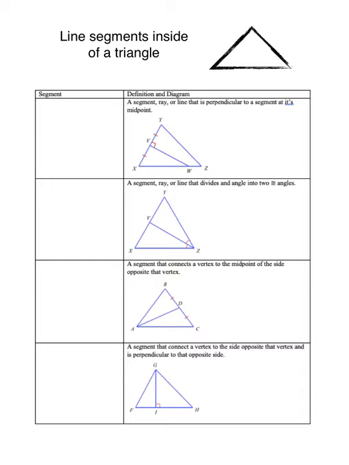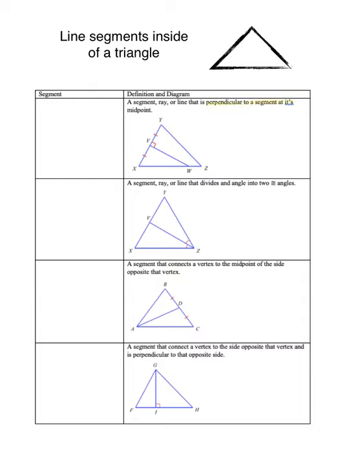Now we're going to talk about line segments inside a triangle. There are some properties, and they will show up in proofs. So let's talk about the first one. A segment, ray, or line that is perpendicular to a segment at its midpoint.